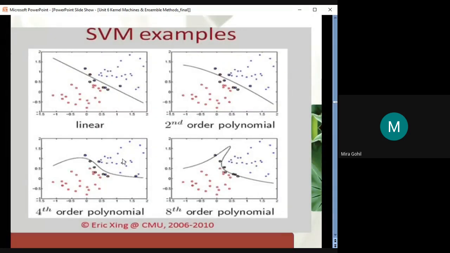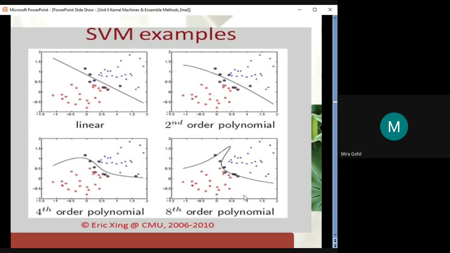Okay. So now suppose again we go for the polynomial function, and suppose we are having some data which we want to divide into categories. So in nonlinear SVM, this is my linear data set, and after applying the polynomial kernel function, a second order polynomial will be given like this. A fourth order polynomial will divide the data like this, and an eighth order polynomial will divide the data like this.